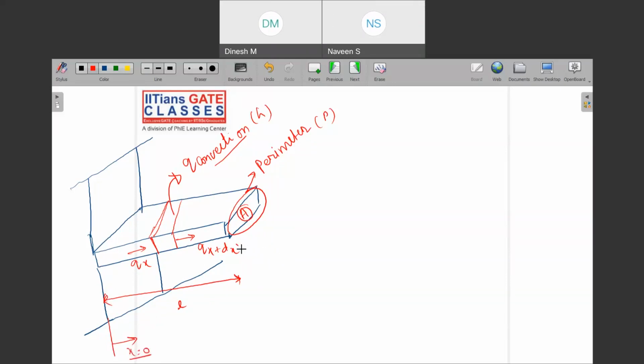Now if I say that this is the width and this is the thickness of the fin. So now I have L as length of fin, and then I have this width of fin Z, and then I have T which is thickness of fin.